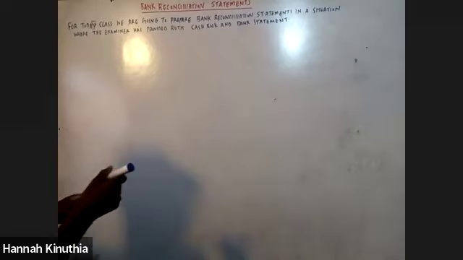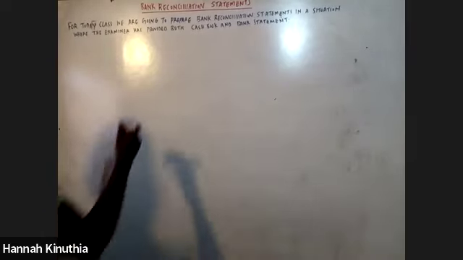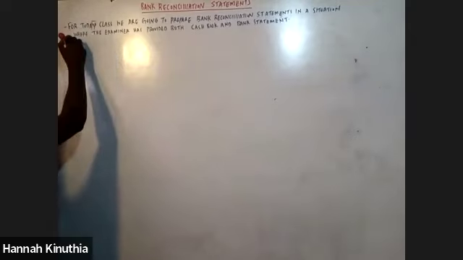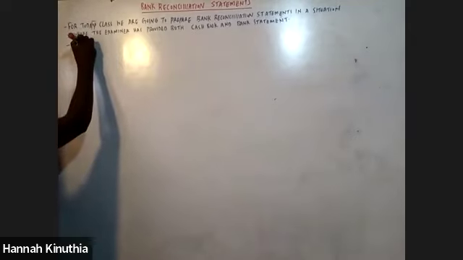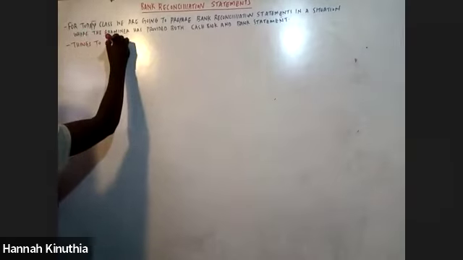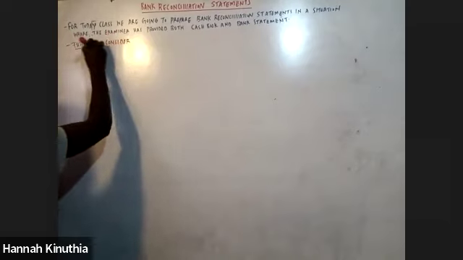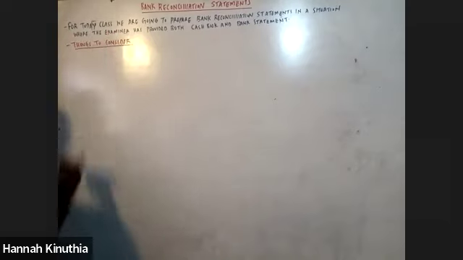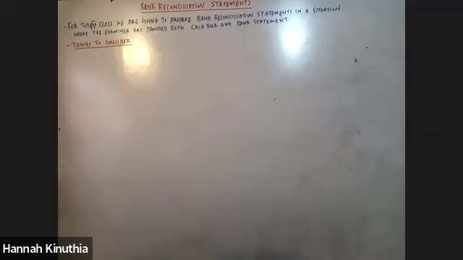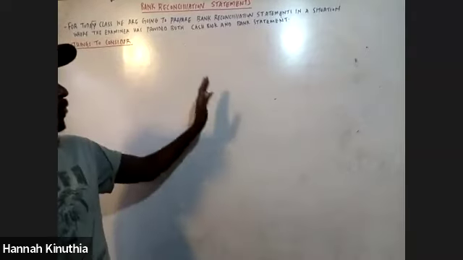Now, things to consider. What are some of the items that you need to consider if the examiner has decided to give you both the cash book and the bank statement in the form of a table?